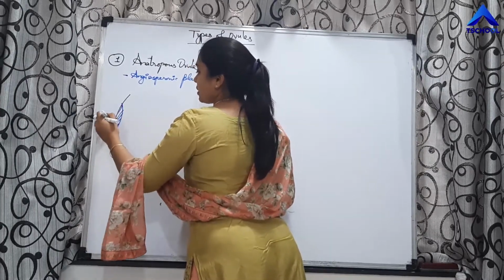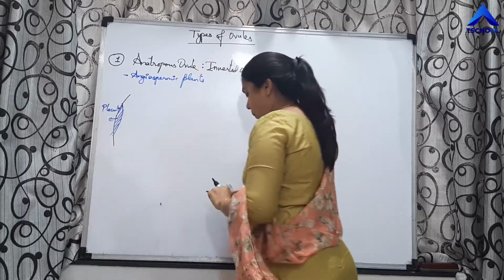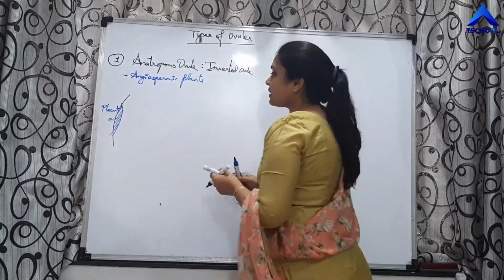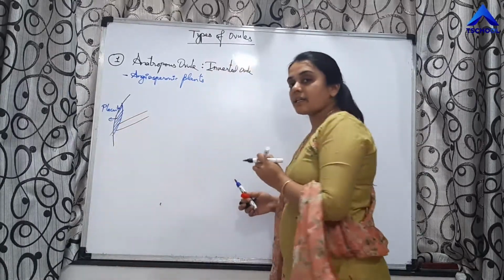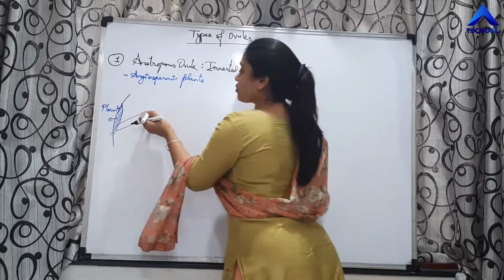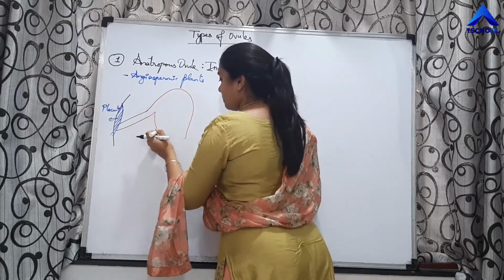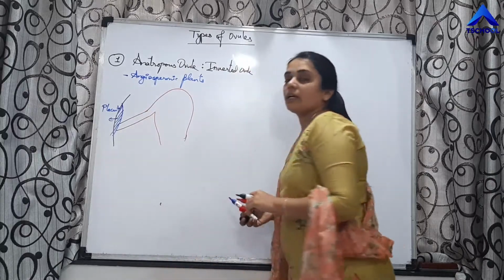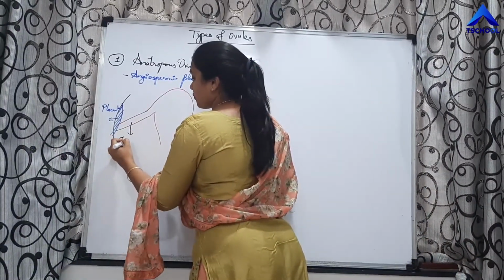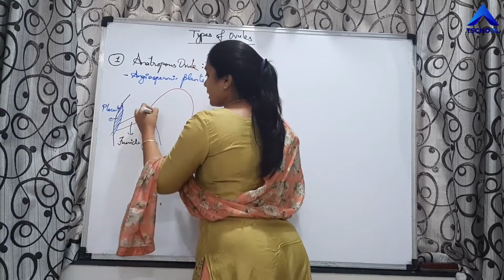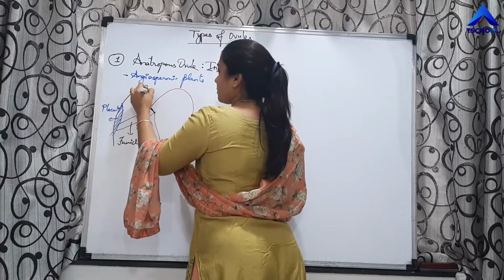That tissue is called the placenta, right? We have studied that the ovule consists of 2 parts. One is the stalk part, which is called the funicle, and the other is the body part. The connection between the stalk and the body is called the hilum.